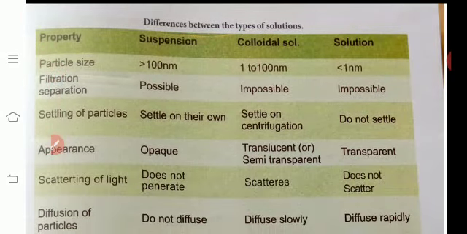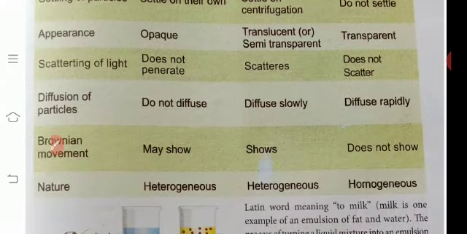Here is the difference between the types of solutions: colloidal, suspension, true. You see this tabular column: particle size, filtration, separation, settling of the particles, appearance, scattering of light, diffusion of particles, Brownian movement, nature.